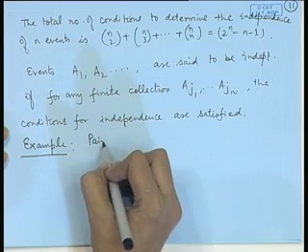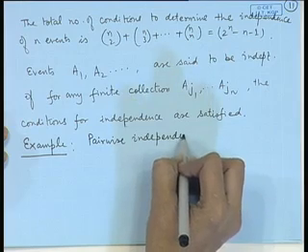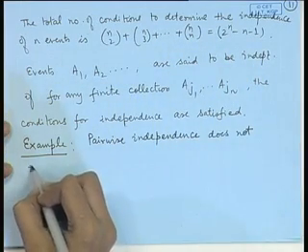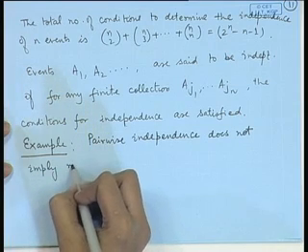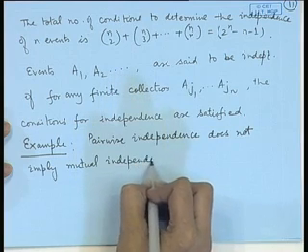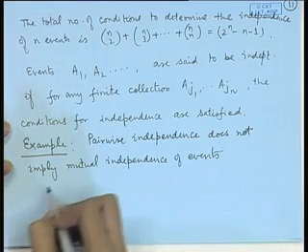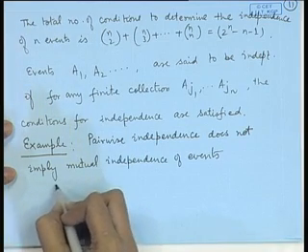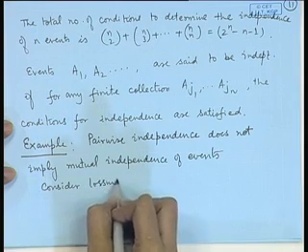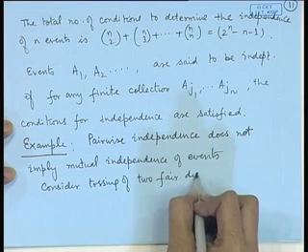That is, pairwise independence does not imply mutual independence of events. Consider, say, tossing of 2 fair dice.